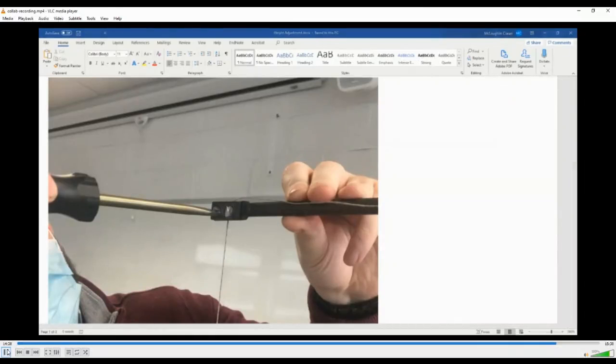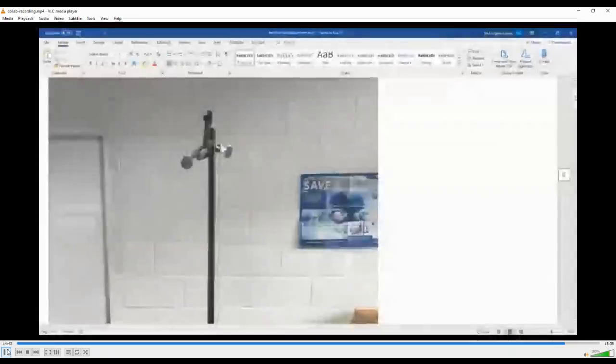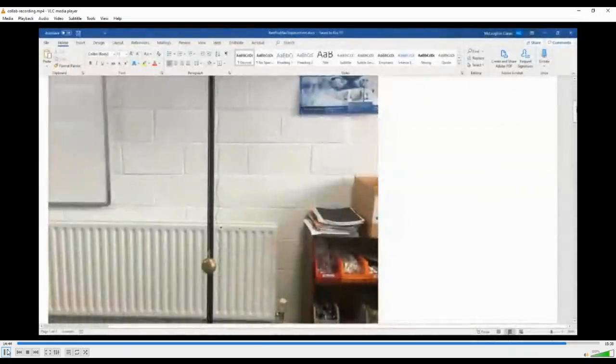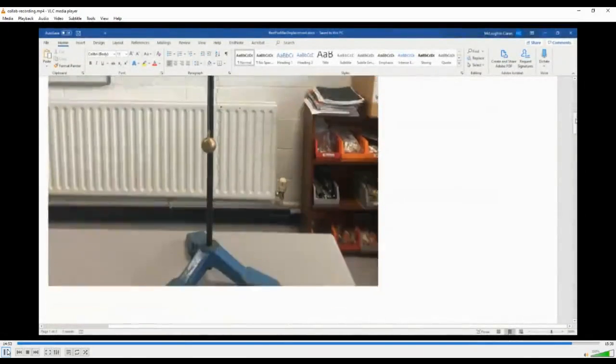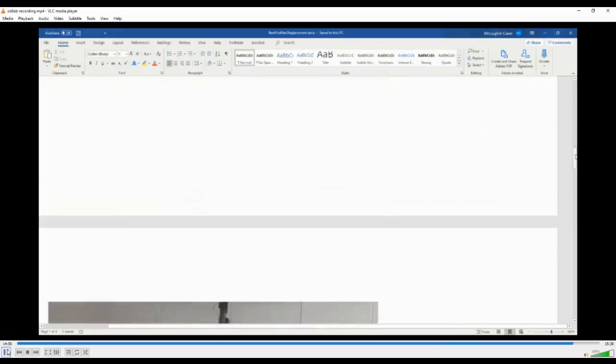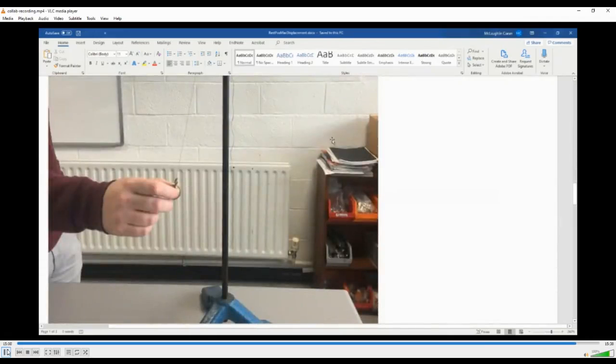Now I just want to show you the pendulum at different positions. Here we've got the pendulum at rest position, so it is zero displacement. This is the rest position or the equilibrium position. If I move the pendulum out, we've now got the pendulum at maximum positive displacement.